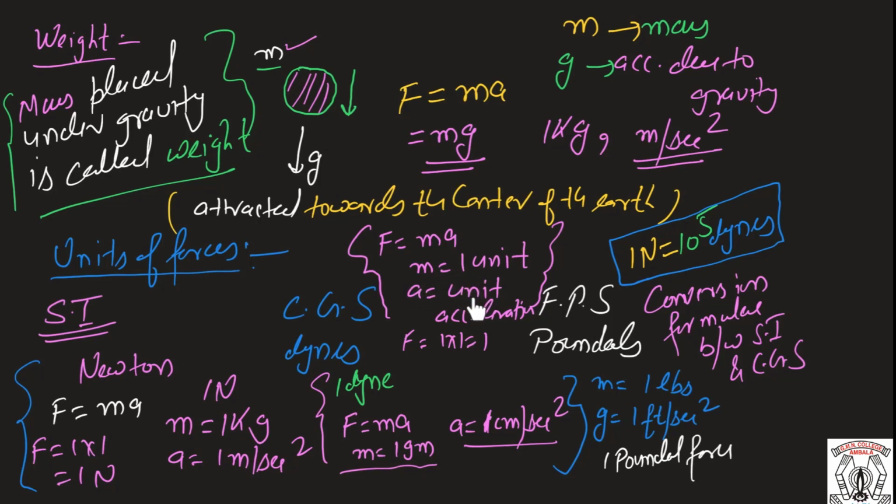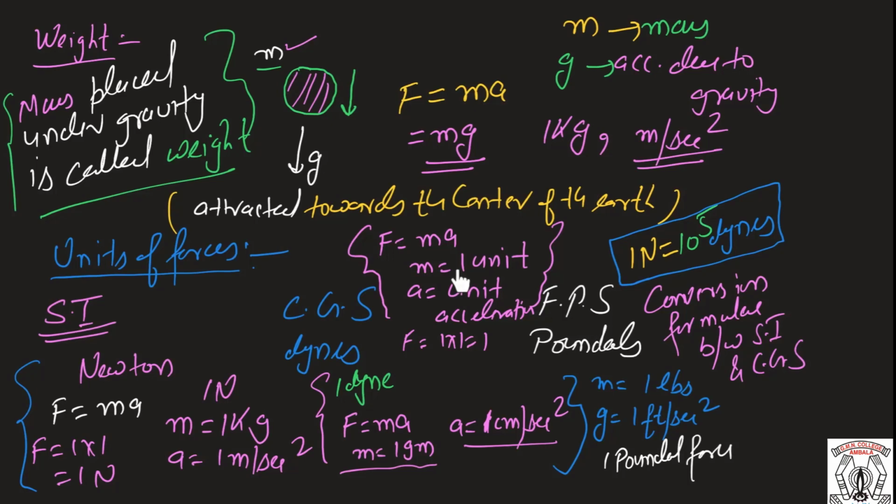What is the definition? Once again I am reciting the definition. A body is said to be under the influence of 1 unit force if it is able to produce unit acceleration in a body of unit mass. So these units are called absolute units.